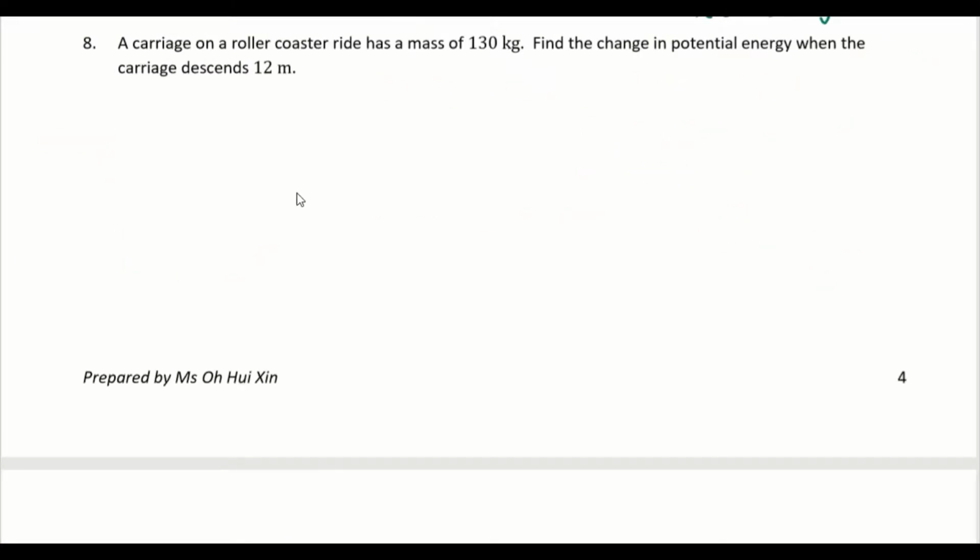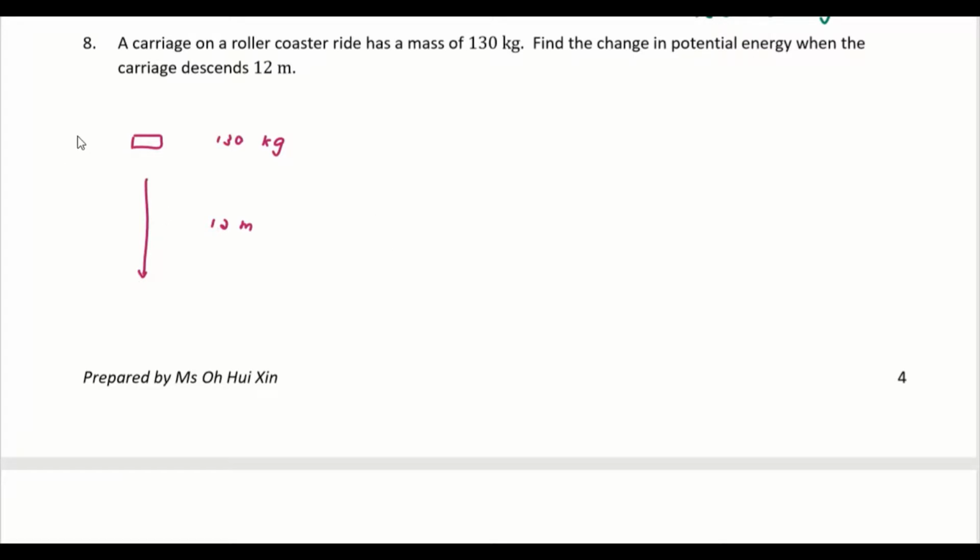Okay, number 8, the carriage on a roller coaster ride has a mass of 130 kg. Find the change in potential energy when the carriage descends 12 meters. Okay, so it depends on you whether you want to put the original position as 0 and the ground below it as negative 12, or the other way around.